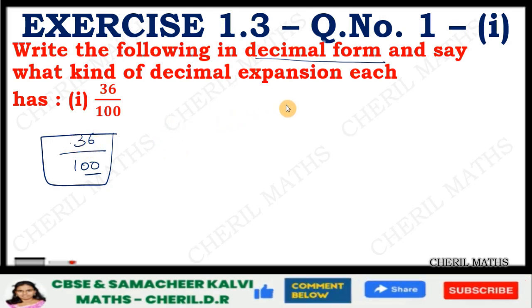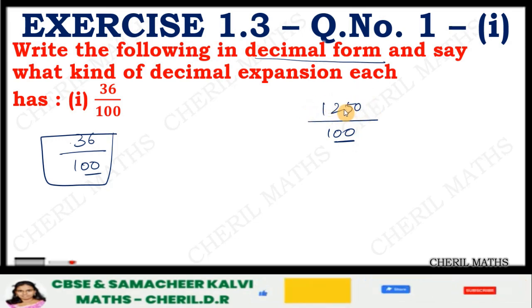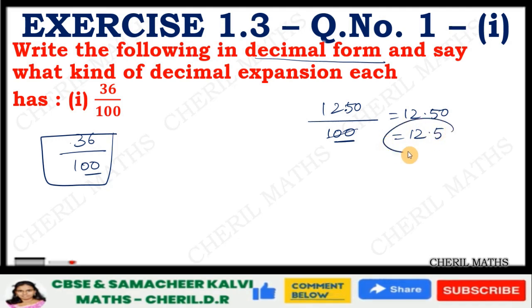If you have 1250 divided by 100, how many decimal places? 2. How many digits are there? 4. So from the last two places you put a decimal point, and it will be 12.50, or you can write it as 12.5. In this way we can very easily write it.